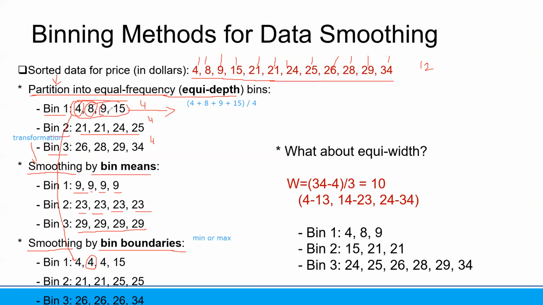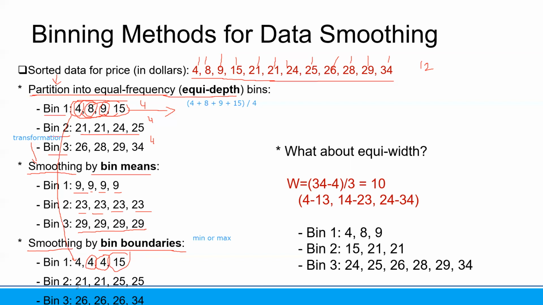Then we just put the minimum. What about 9? Is it closer to the minimum or maximum? If we go to the minimum, the gap is 5. If we go to the maximum, the gap is 6. So it is closer to the minimum, then we use 4 for the smoothing. 15, of course, is the maximum.